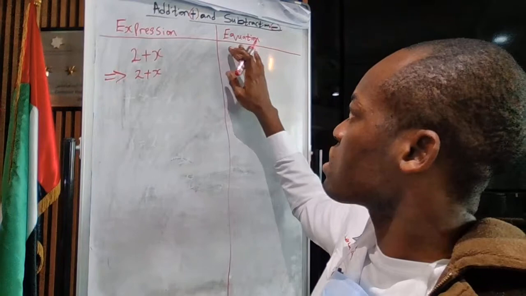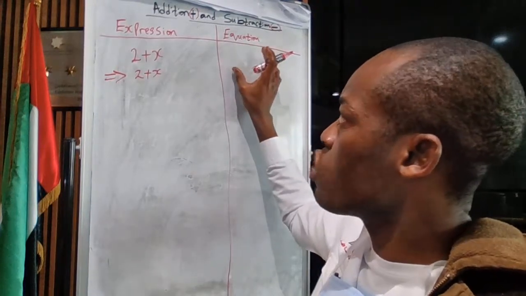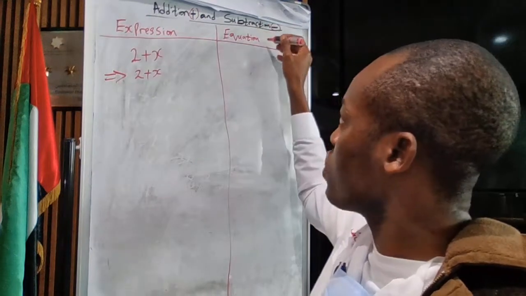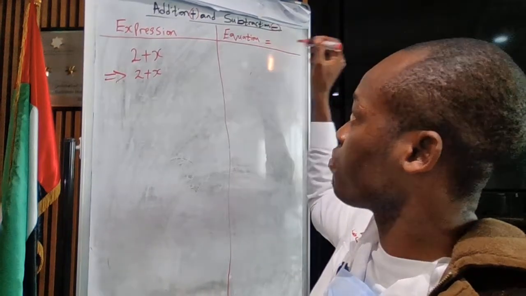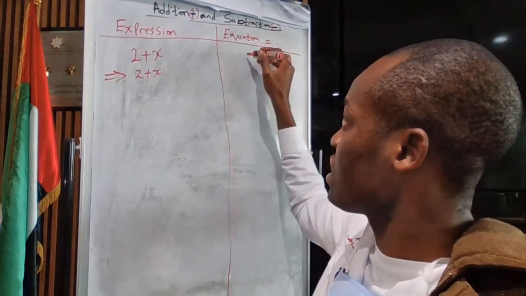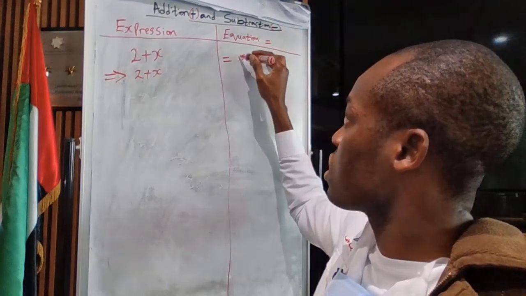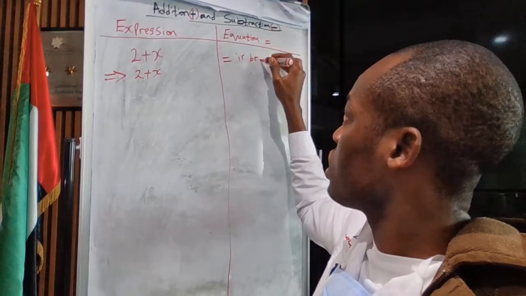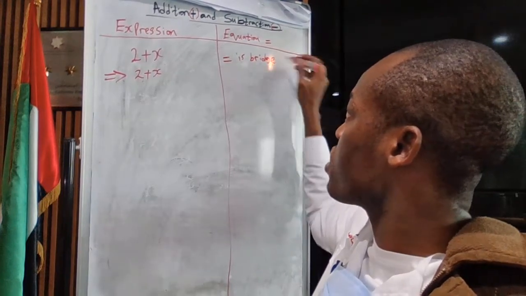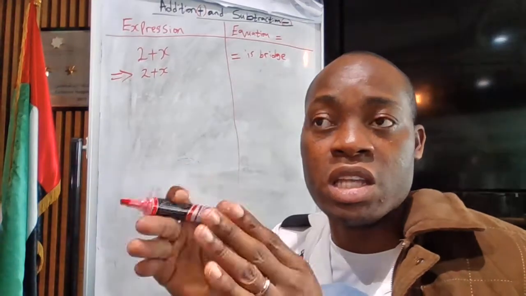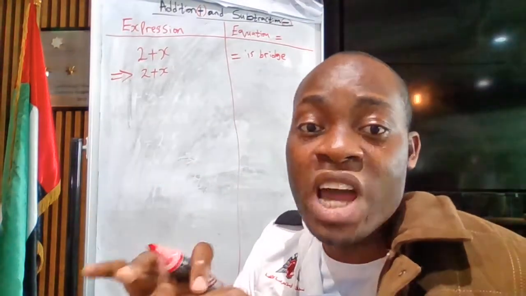Now, let's look at equation. Equation must always have an equals to sign in the question directly. The equals to sign serves as a bridge. The bridge that divides the question into two sides.